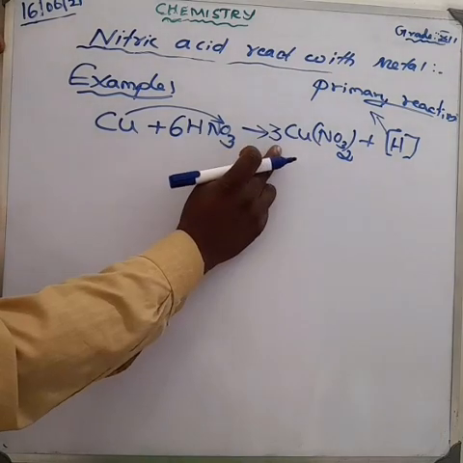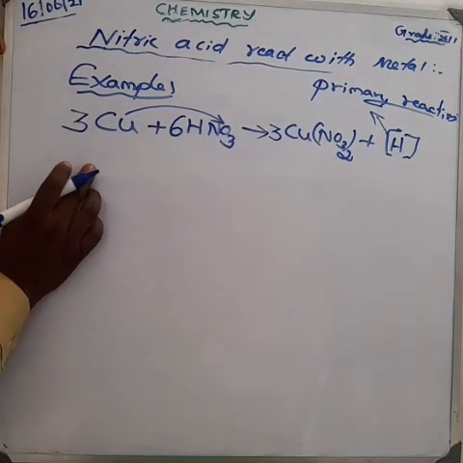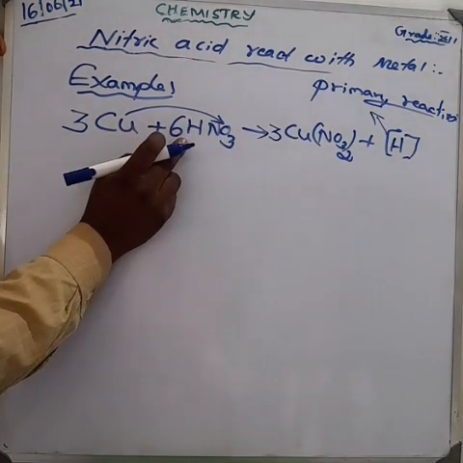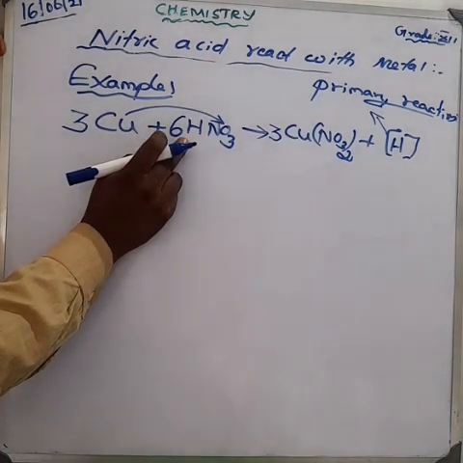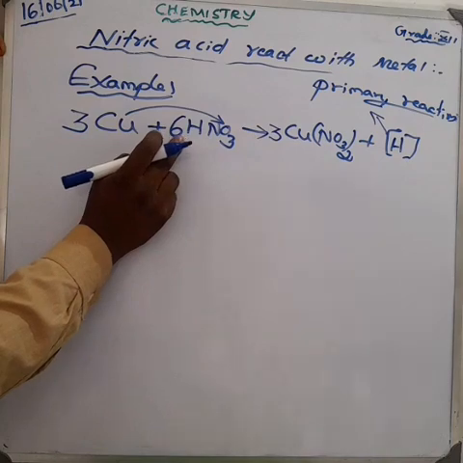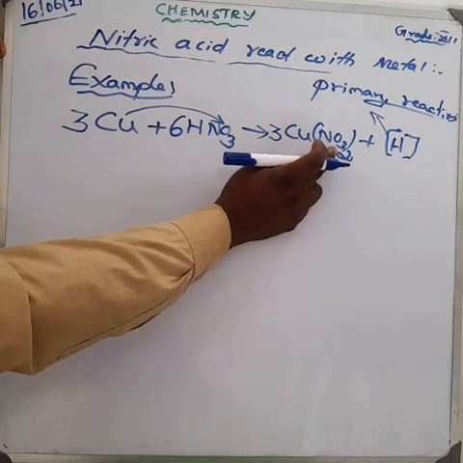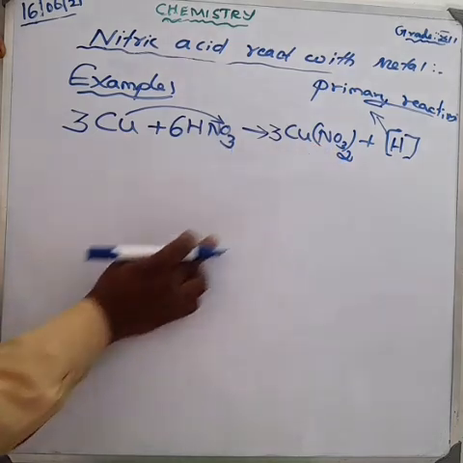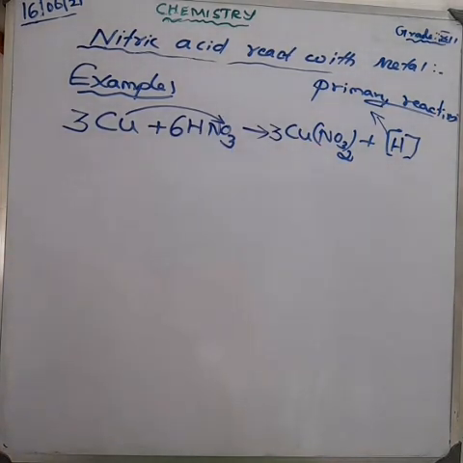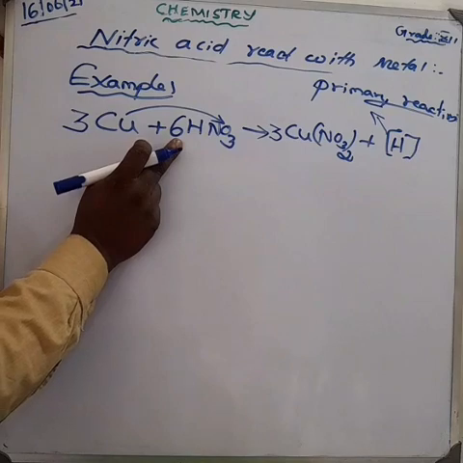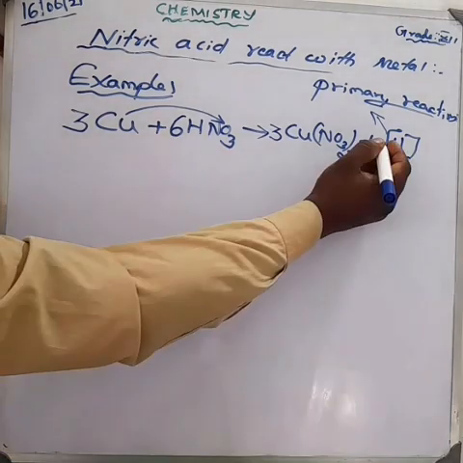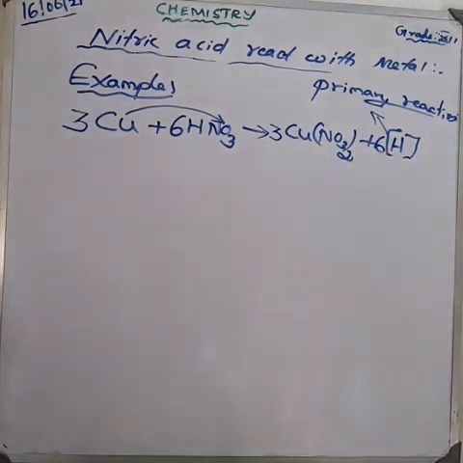How much copper is there? 3 copper. So make the reactant side also 3 copper. Now count the number of oxygen. 6 into 3 is equal to 18. What about here? 3 twos are 6, 6 threes are 18. So that is also balanced. What about the hydrogen? Here we have 6 hydrogen, so make it 6 nascent hydrogen. Now the equation is balanced.